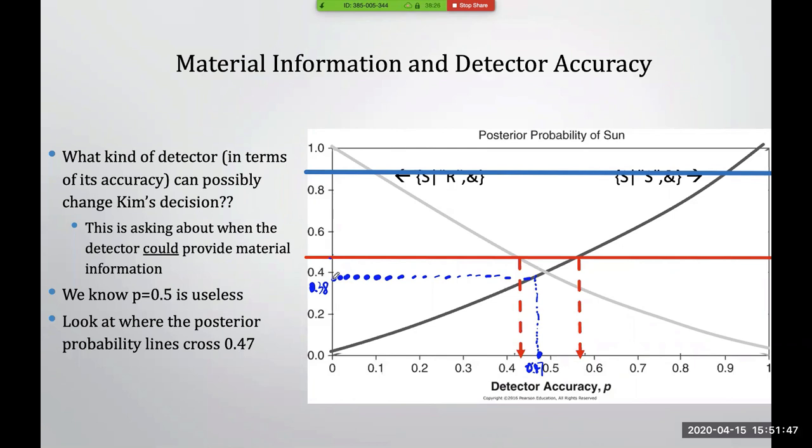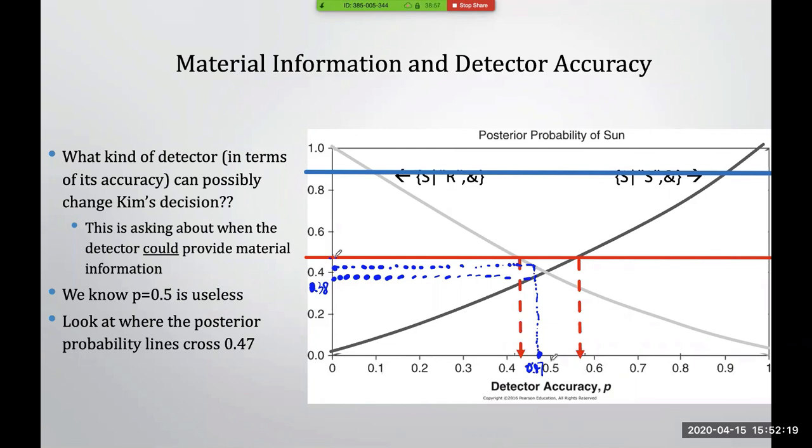Now, what if the message is rainy? Then we should go to this curve. So if the accuracy is over here and the message is rainy, then the posterior belief that the day is going to be sunny is over here, which is still below this threshold at which Kim would switch her choice from indoor to porch.